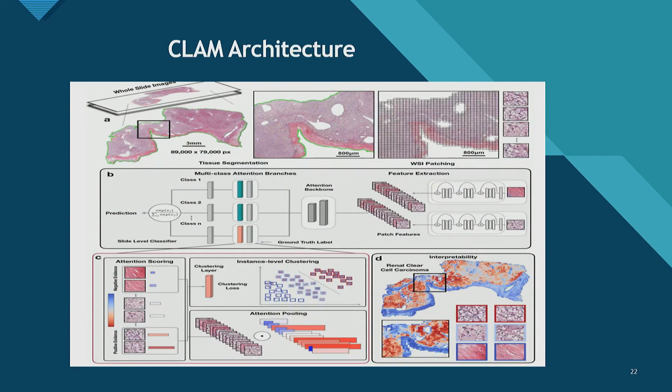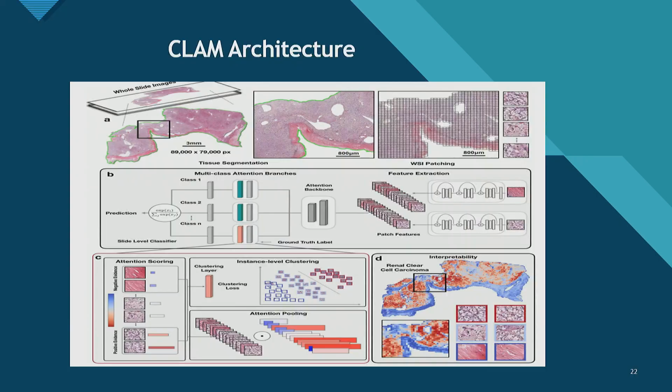So this is the whole slide image, and first of all we extract the tissue area from the whole slide. Actually the whole slide image contains background areas as well. We extract only the tissue area. Then we convert RGB into HSV, because this HSV space is more reliable while implementing your algorithm, and it makes the algorithm faster as well.